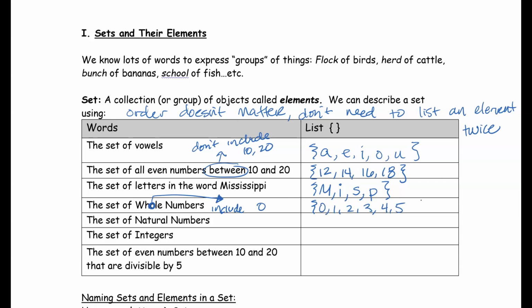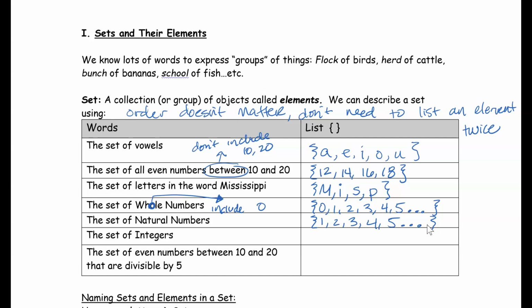So all the positive counting numbers. And I put a dot, dot, dot, which is called an ellipsis, and that just means it goes on forever. It's an infinite set. The set of natural numbers, on the other hand, does not include 0. So really similar to whole numbers, just no 0. So we start at 1, 2, 3, 4, 5, and that set also keeps going forever.